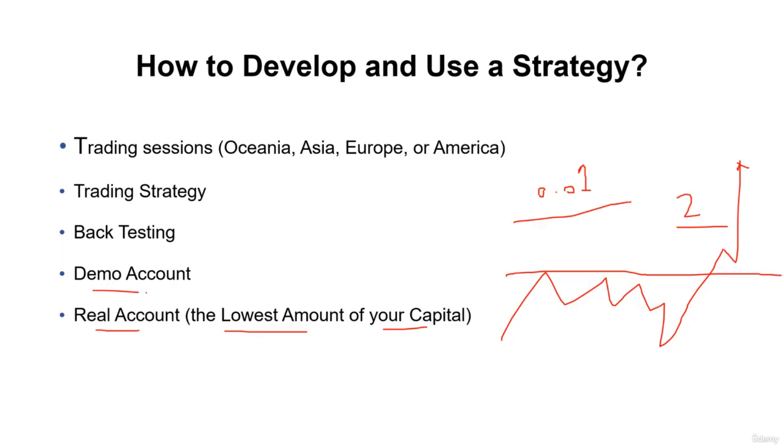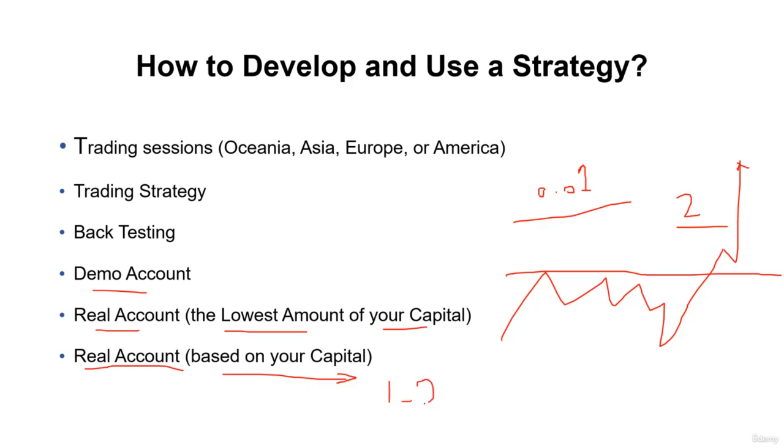So 1 month demo account, 1 month real account, and after two months, you can use it in real account based on your capital. Don't forget, I have told my students before, in every trade you have, 1 to 2% of your capital should be involved.